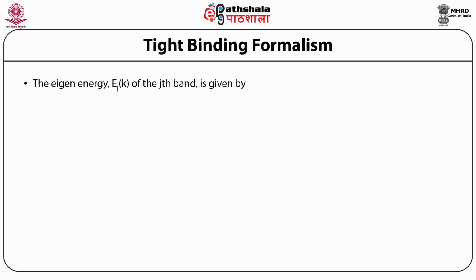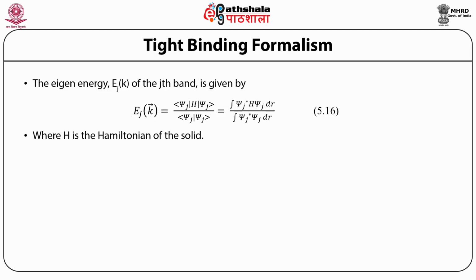The eigenenergy Ejk of the jth band is given by Ej as a function of k equal to the expectation value of h, that is psi j h psi j, divided by psi j psi j, which is equal to the integral of psi j star h psi j dr divided by the integral of psi j star psi j dr, where h is the Hamiltonian of the solid.